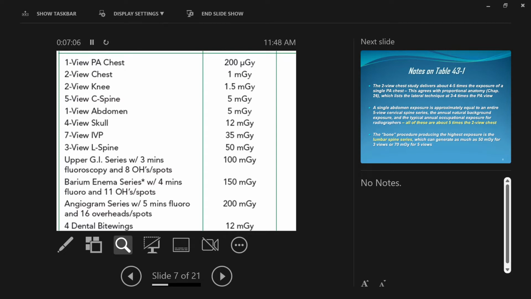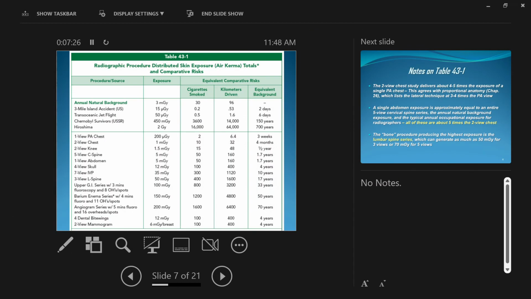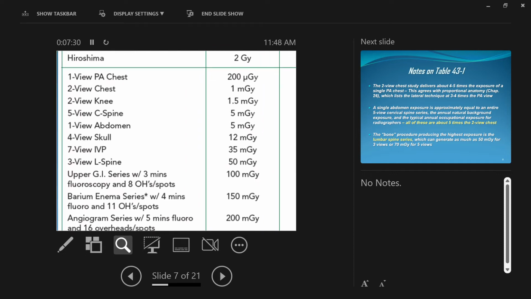So each exposure is not equal, right? Certain exposures and positions are going to expose the patients to way more radiation for the same body part than a different position would do for the same body part. Okay, so position matters. So distributed skin exposure, they're saying here, is that any of these numbers, you look down the third one down, 2-view knee, 1.5 milligray, that required different positions.